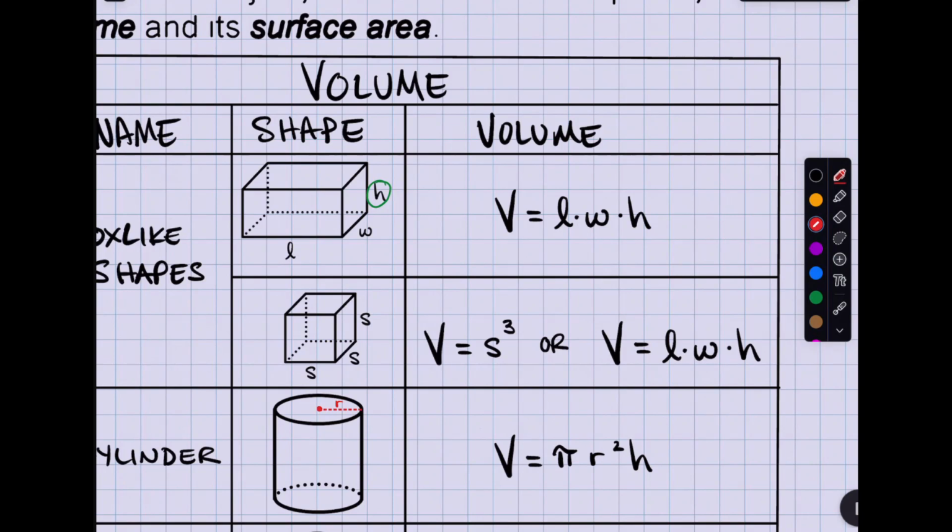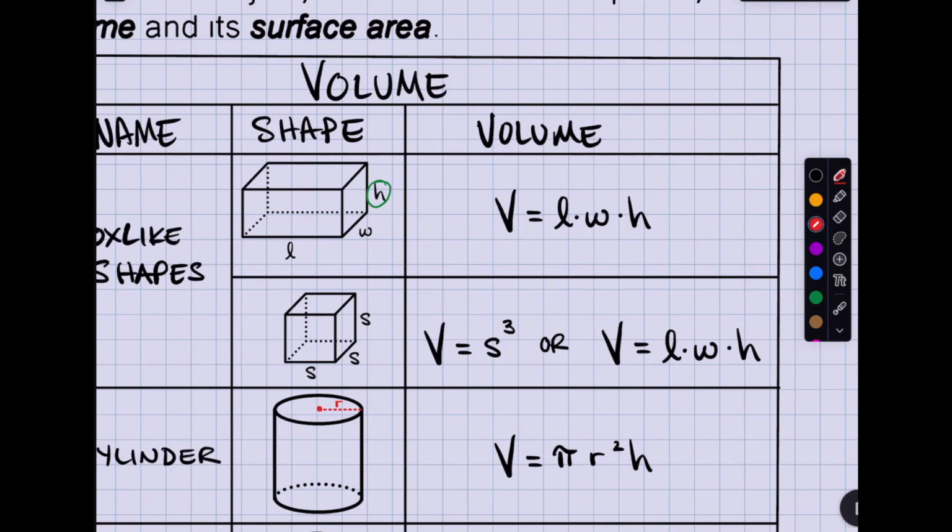If I was to take slices and slices and slices, which part would stay consistent? The circle, right? Because I can just keep on slicing it, I have the same exact circle over and over. So if I cut this really, really thin, then really I only have an area of a circle. If I take all those tiny thin slices of circles and stack them together, then I'll have that whole volume. Make sense?